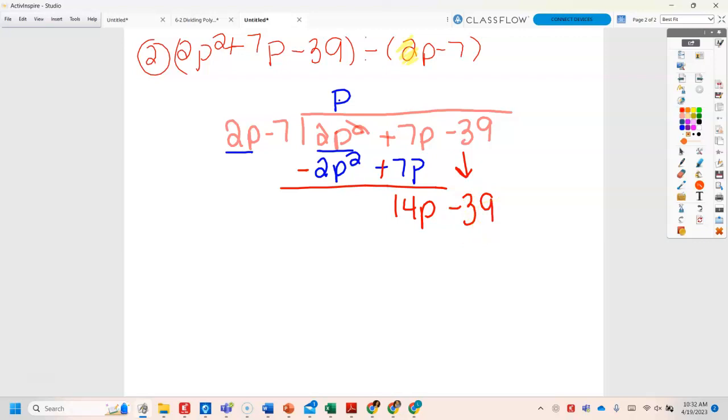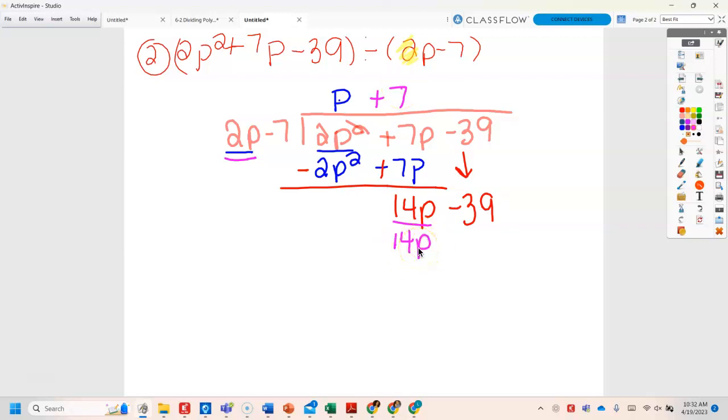And then we repeat the process. What do I have to multiply 2p by to get 14p? Well, I already have the variable, so all I need is the number. So 2 times 7 will get me to the 14. So I need a 7. 7 times 2 is 14.